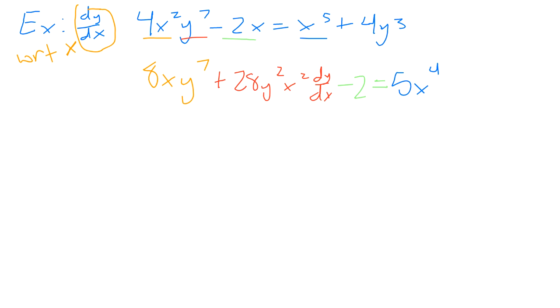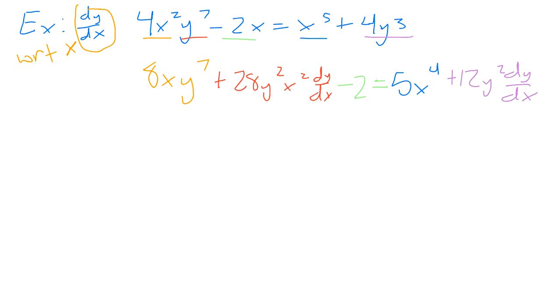Lastly, we have a 4y cubed, and that's going to easily be derived down to 12y squared dy over dx. Now let's look and see what we have. We have a couple of terms that both have a dy dx in them. What we can do is try to move those to the same side of the equation and move everything else to the other side.